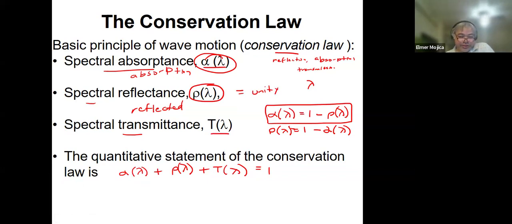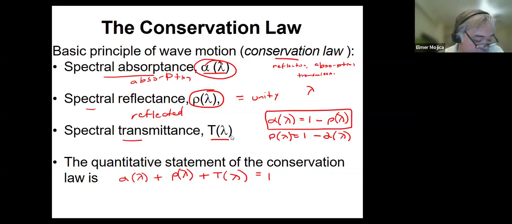So the conservation law takes into consideration what happened to the wave as it passed through the two media. Some will be reflected, some will be absorbed, and some will be transmitted.